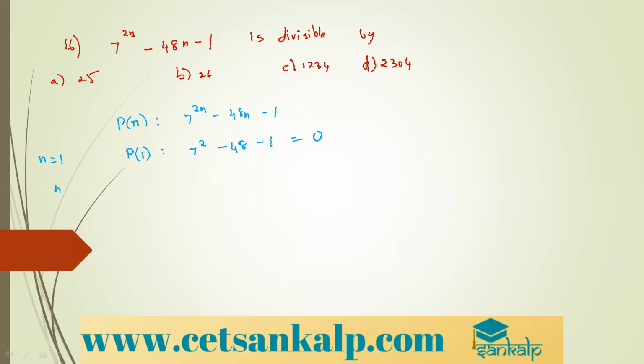Now, if I put n equal to 2, P of 2 will be 7 power 4 minus 48 into 2 minus 1. Now, 7 power 4 is 2401. 48 into 2 is 96 minus 1. So the final answer is 2304. So this will be divisible by 2304.